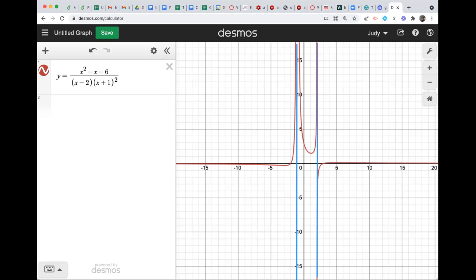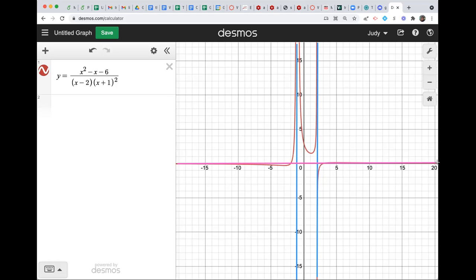That matches with the blue lines I drew on my graph. And I also said there is a horizontal asymptote at y equals 0. And I can see that the ends of the function kind of flatten out to 0. That's what we mean when we say the end behavior goes to y equals 0.